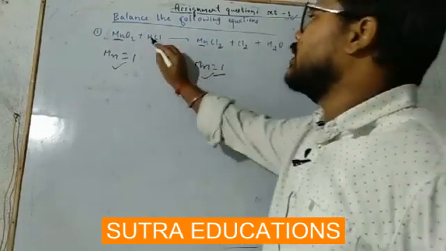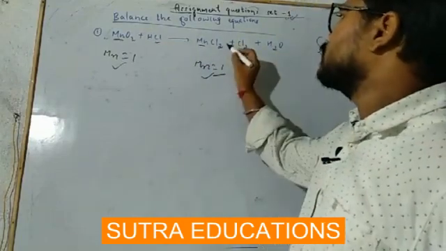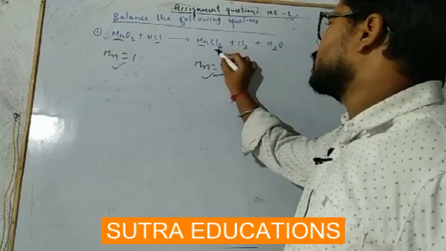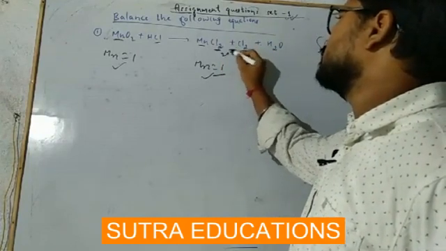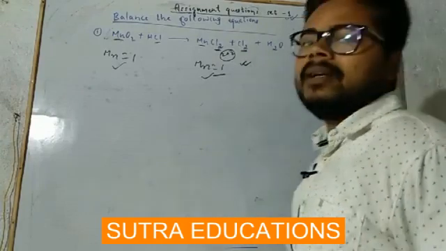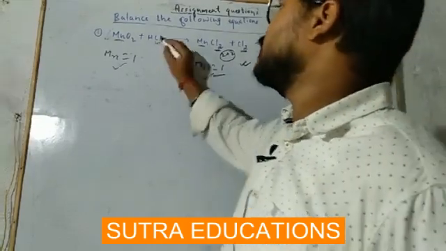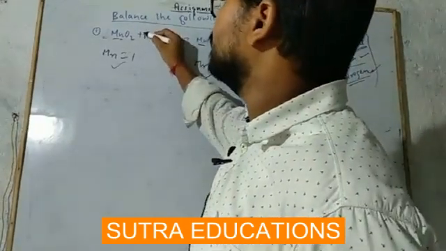Non-metal is chlorine here. So this side it is 2 plus 2, 4 chlorines. 2 plus 2, 4 chlorine is present in product side. And in reactant side only 1 chlorine is there. So we will multiply this by 4.